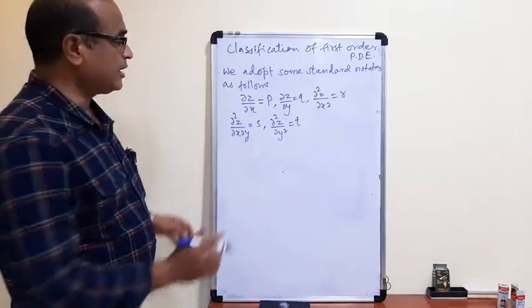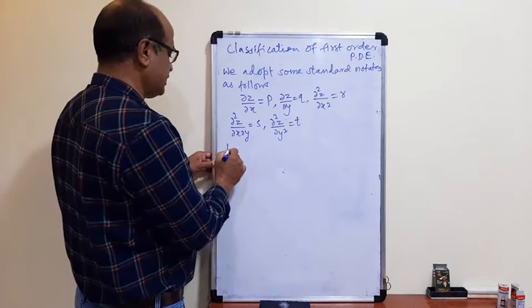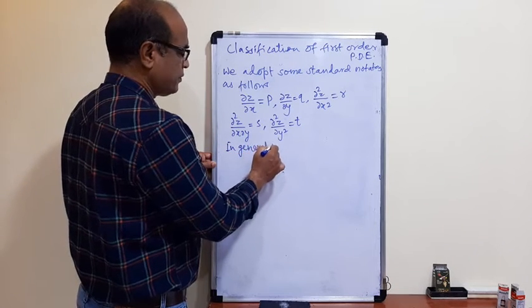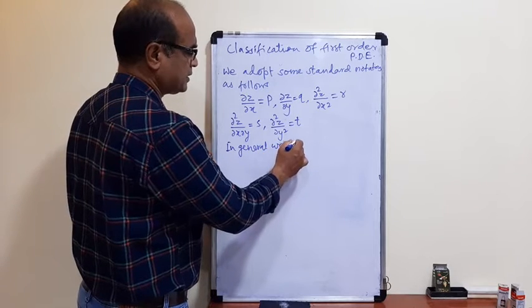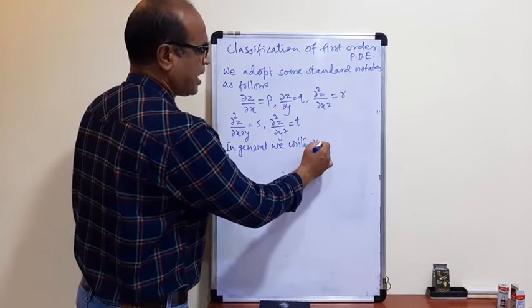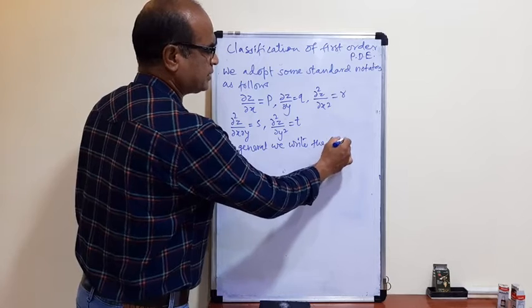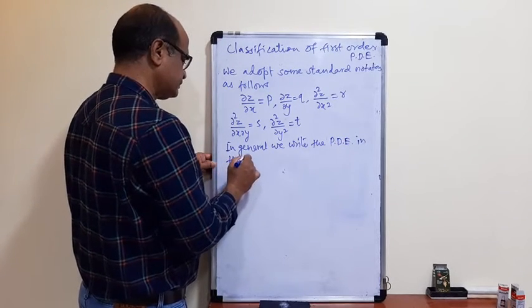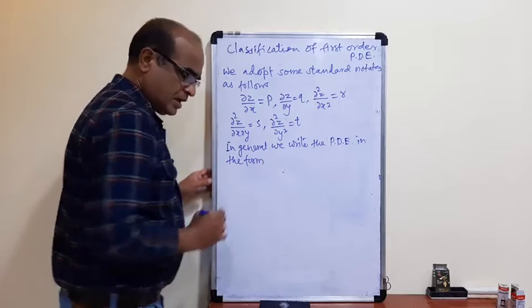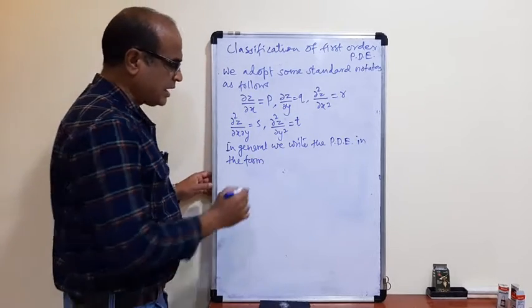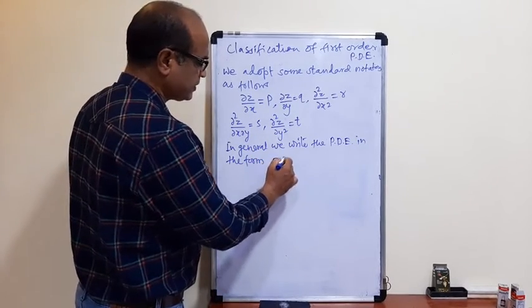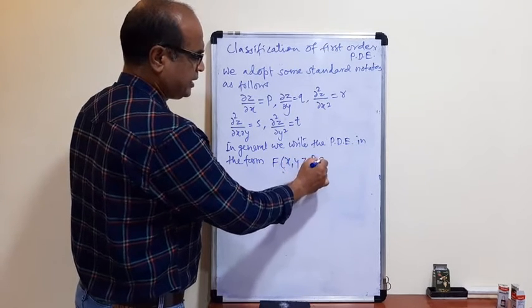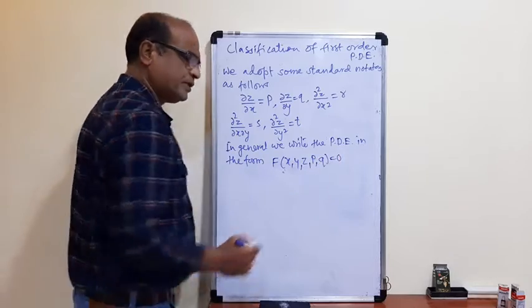Okay. So in general we write the partial differential equation in the form f(x, y, z, p, q) = 0.